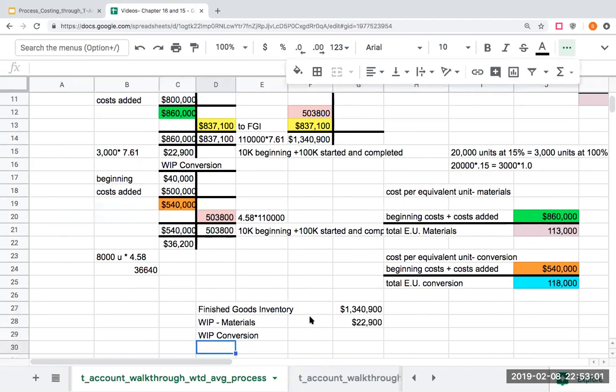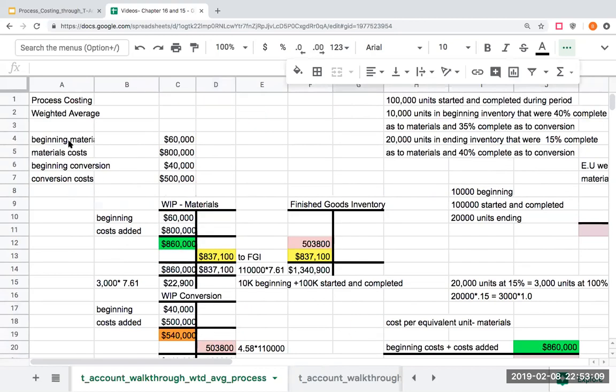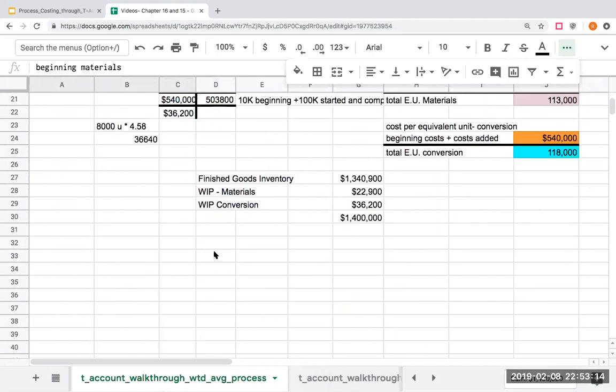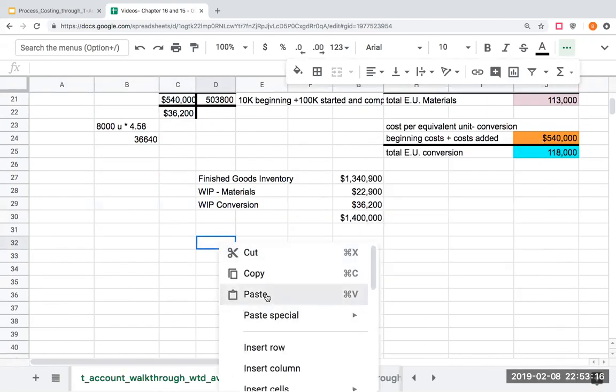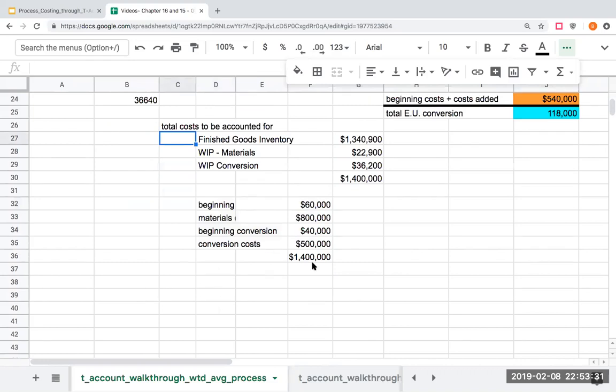And then I have work in process conversion of 36,200, for a total here of 1.4 million. This is what we call our total cost to be accounted for. When I'm comparing this down over here to my total cost to be accounted for, I'm comparing these three values to what was actually in my cost bank.